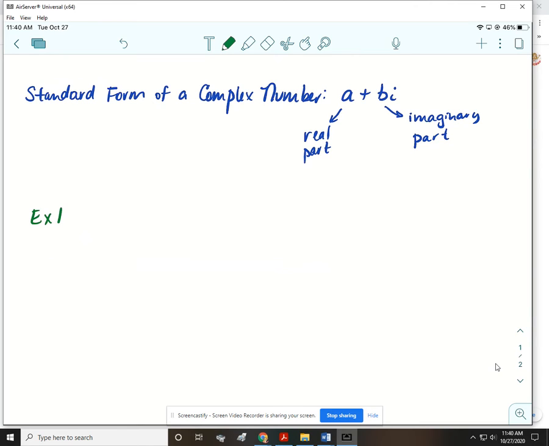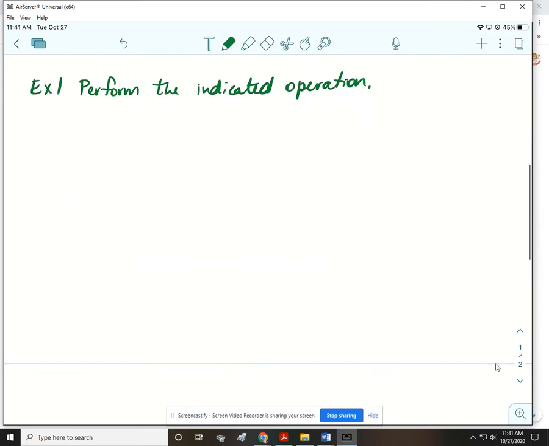All right, so for example 1, we're going to perform the indicated operation. All right, so our first indicated operation is subtraction. So we have 2 minus the square root of -27.